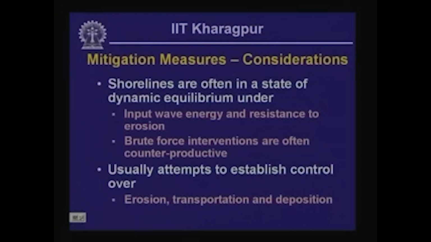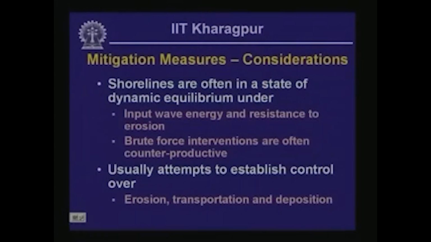Second point to consider is that we need to establish control over erosion, transportation and deposition under the different types of waves that are going to affect the coastal area, namely the onshore currents, which are the waves that are directed towards the shoreline, offshore currents, which are the waves that are directed away from the shoreline, and longshore currents, which are the waves that move parallel to the direction of the shoreline.